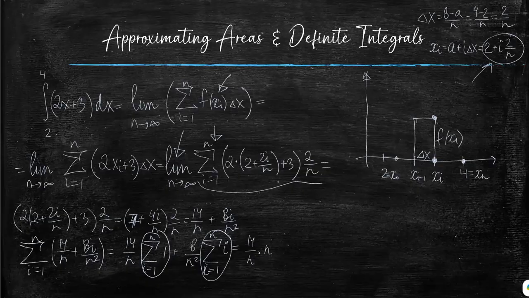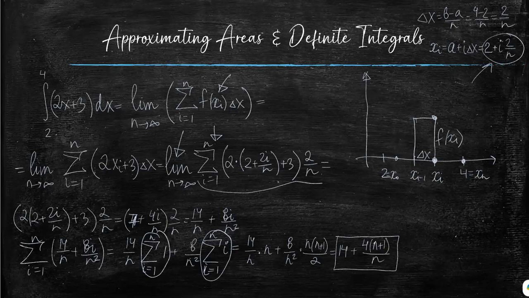So here we get n, and here we get n times (n plus 1) over 2. And this simplifies quite nicely. So we have 4(n plus 1) over n. So we don't have sigma anymore, we just have this expression right here.